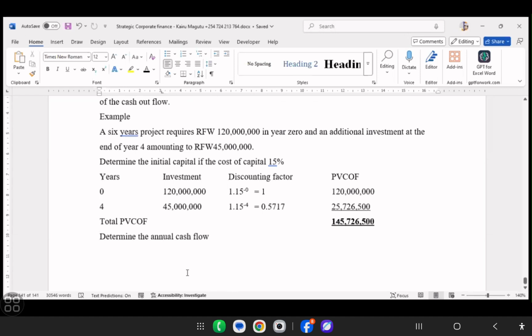the revenue, or let me put it this way. We say that these are the cash flows that are realized annually during the project life.